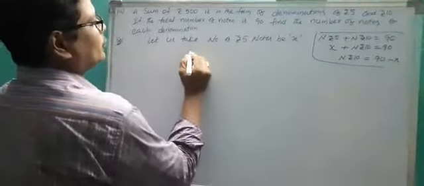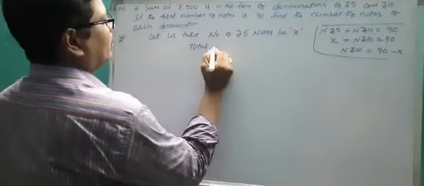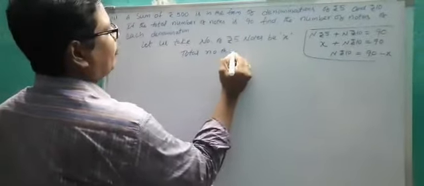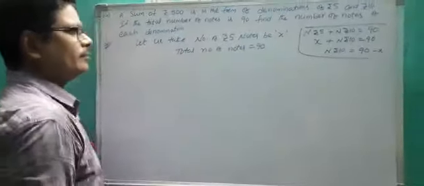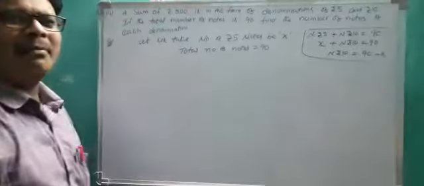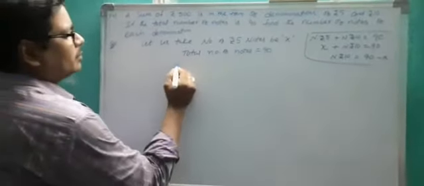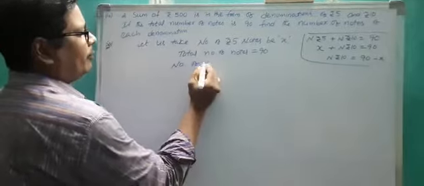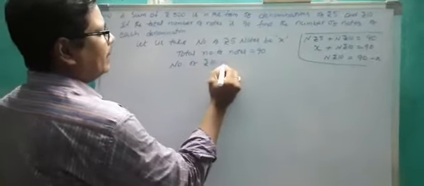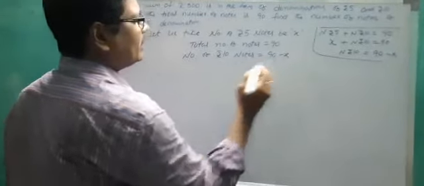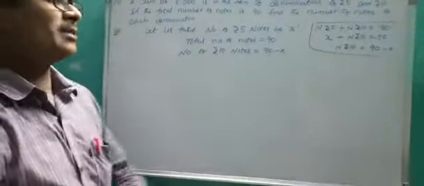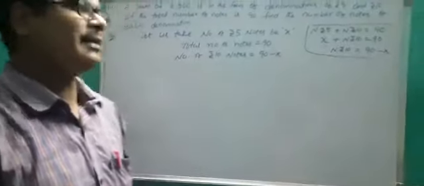Total number of notes equals 90. Now the number of 10 rupee notes is equal to 90 minus x. Already explained how: 90 minus x.